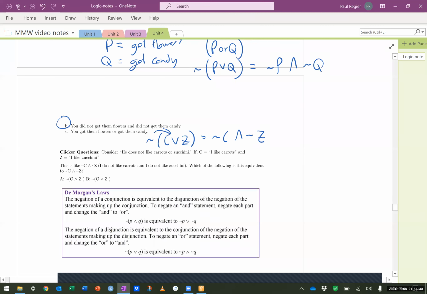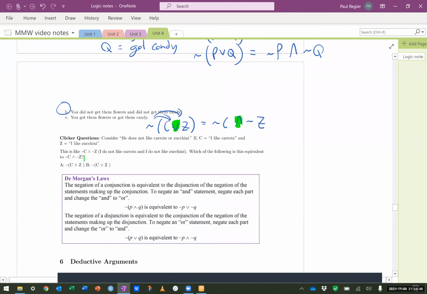You see how if we distribute that negation symbol, it changes the or to an and. So the correct answer is that those two are equivalent, right?